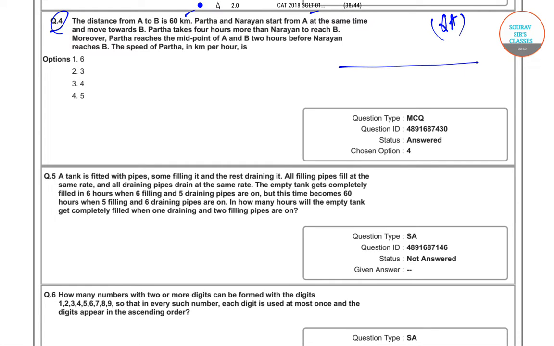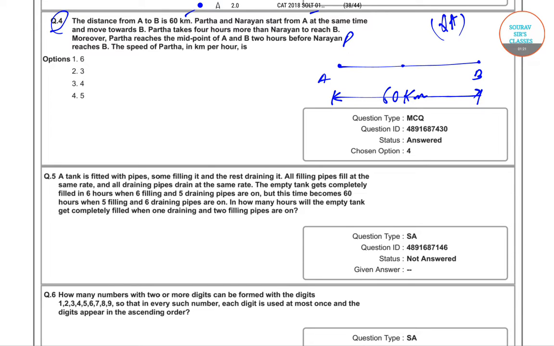So we have 2 points A and B, and the distance between them is 60 km, and the midpoint will therefore be 30 km from both sides.